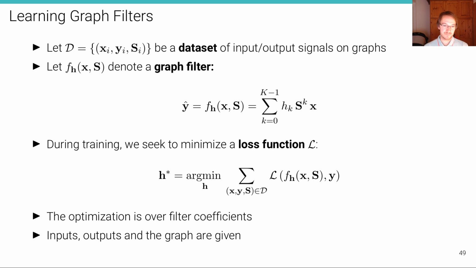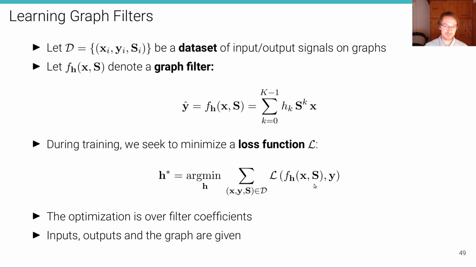During training, we now seek to minimize a loss function, as we usually do in empirical risk minimization, where we try to find h star as the minimizer of this objective, which is simply the sum over the entire data set of some loss function that compares the prediction of the model, the signal y hat predicted by the model, to the true output signal.